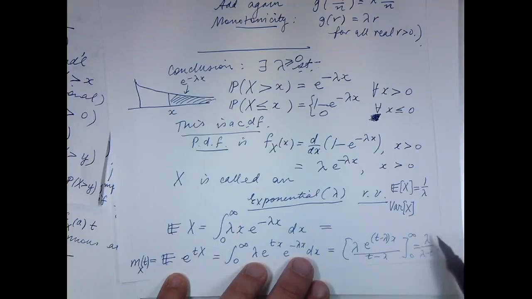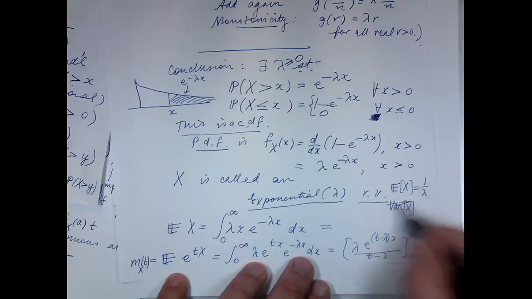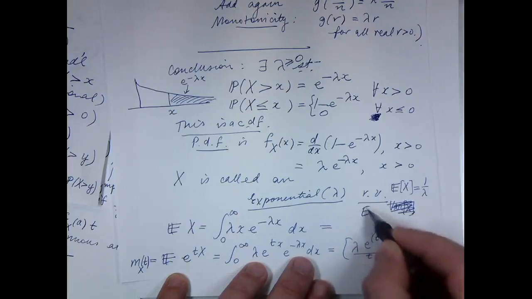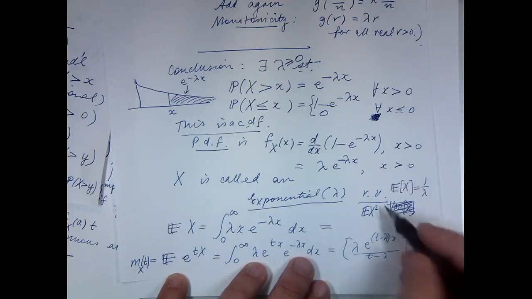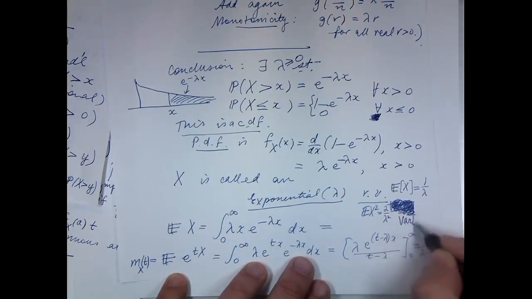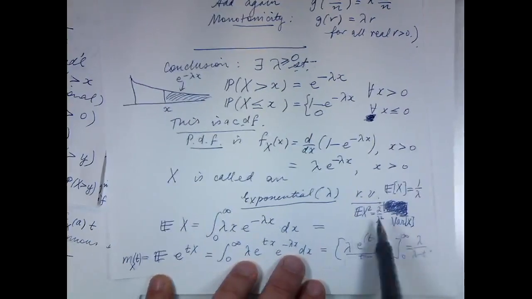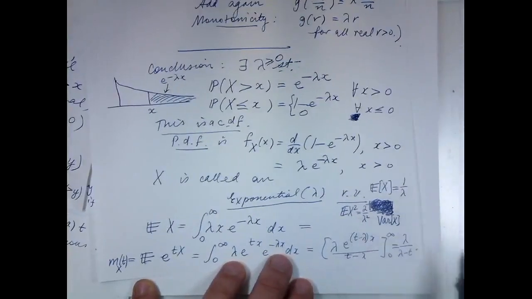So for the second moment, you'd get 2 lambda over (lambda minus t) cubed. When t is 0, that's 2 divided by lambda squared. So E of X squared equals 2 divided by lambda squared. So that means the variance of X. How do I put these together to get the variance?